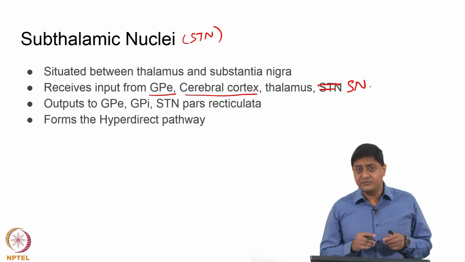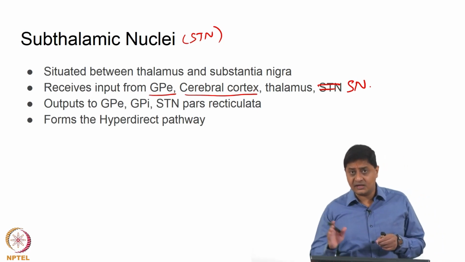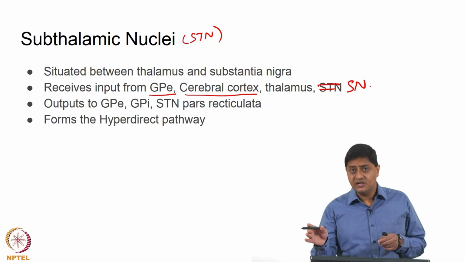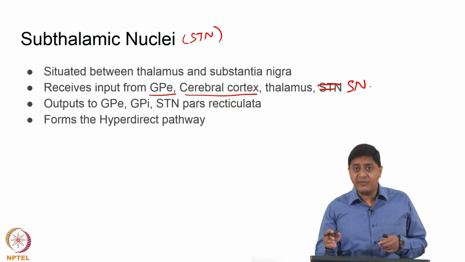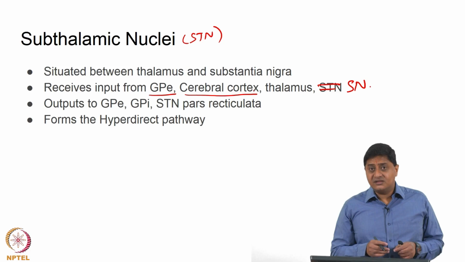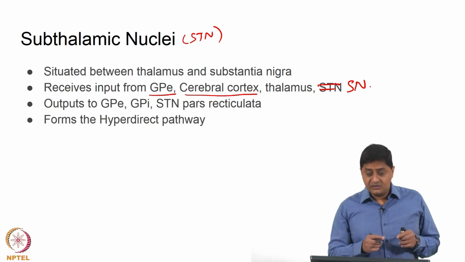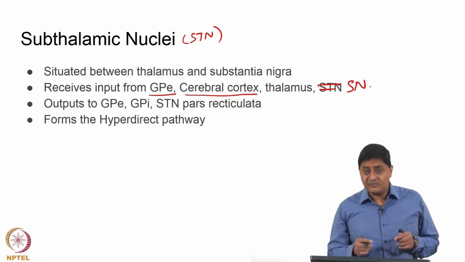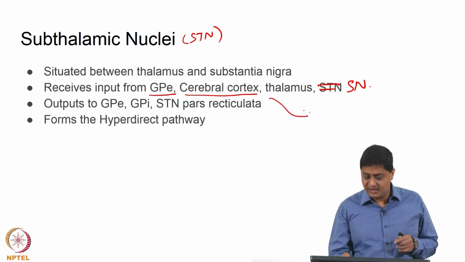That means if it receives input from the cortex and it directly projects to GPi, it forms a more direct pathway. It bypasses the striatum, which is a major input structure, right, which is why the pathway that comes from the cortex through the subthalamic nucleus to the globus pallidus internus is also called the hyperdirect pathway.